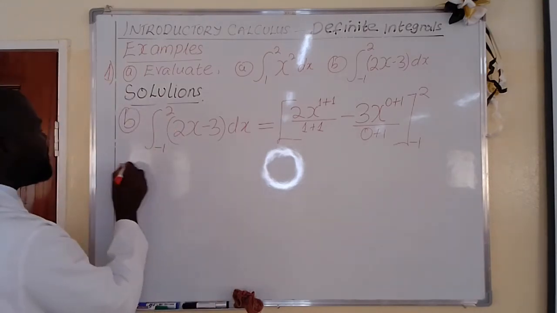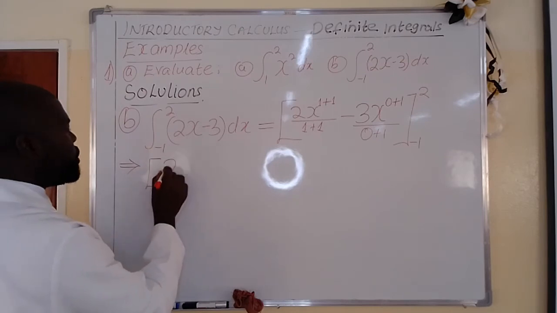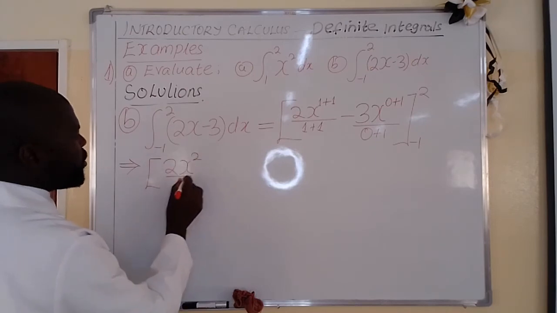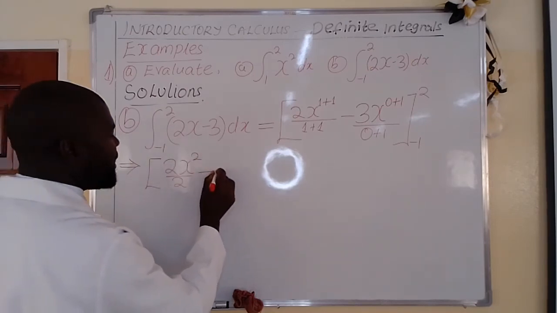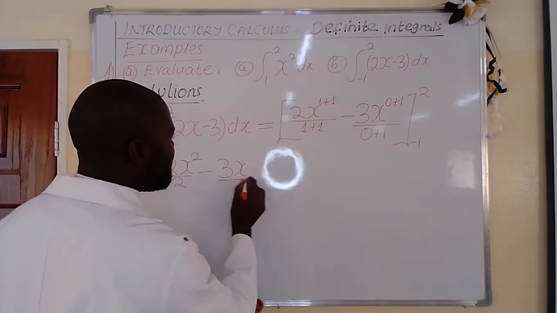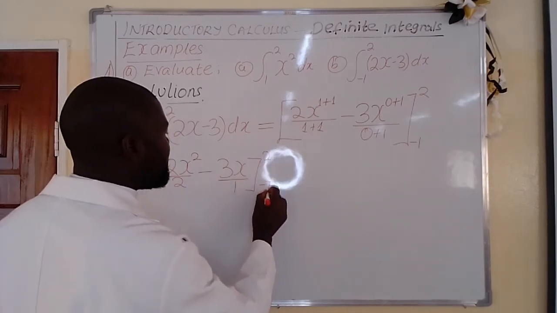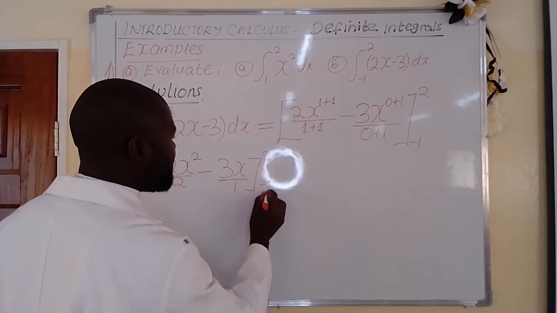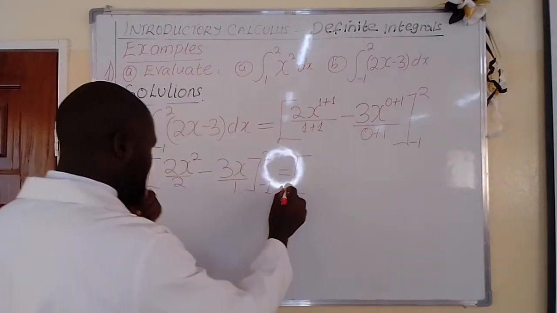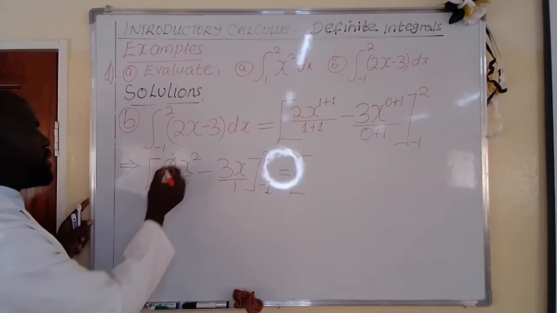Okay, so continuing from there, we have 2x power 2 over 2 minus 3x over 1. Which is giving us, you can see, 2 into 2 is 1, 2 into 2 is 1.